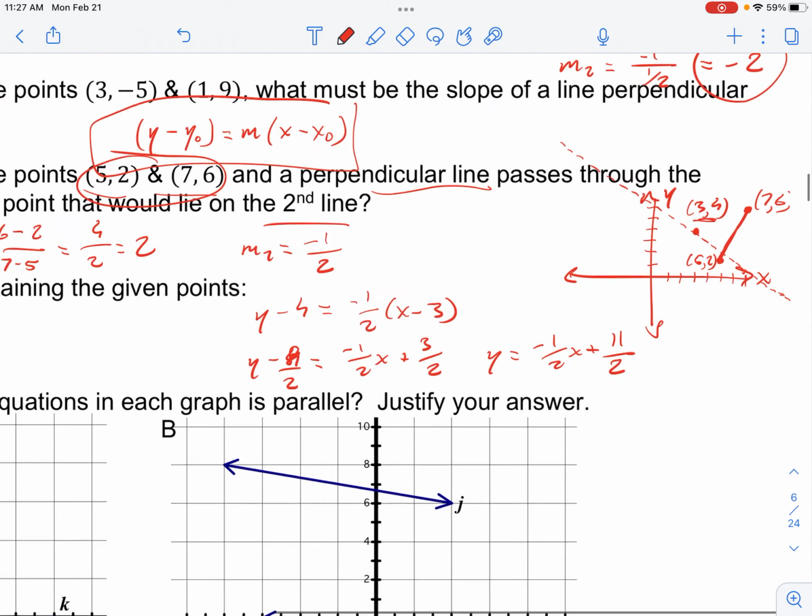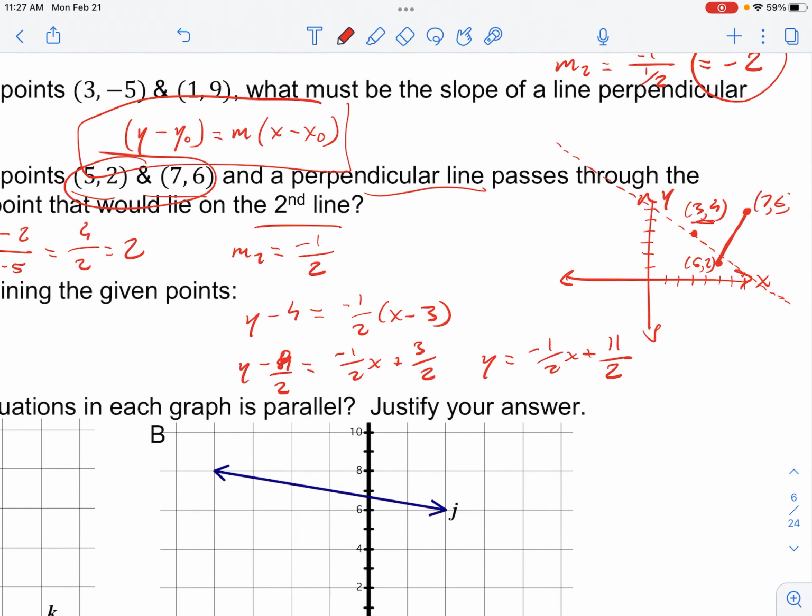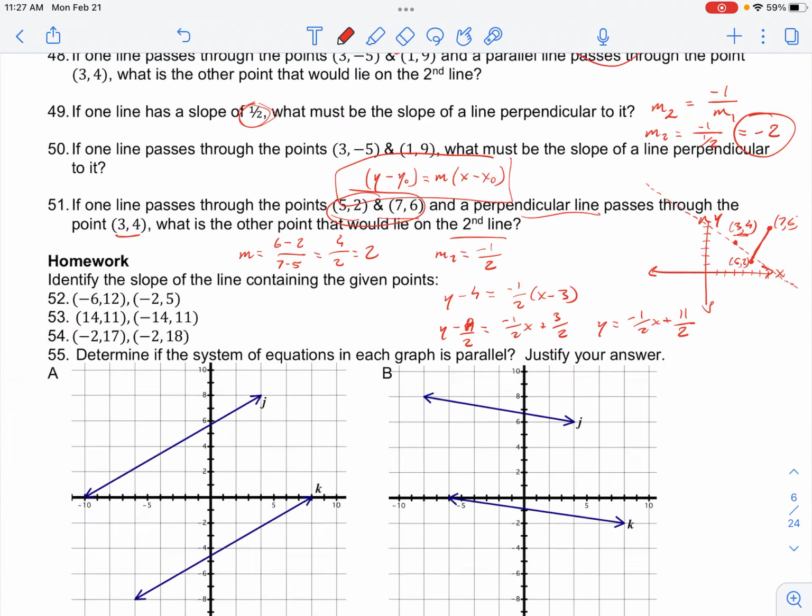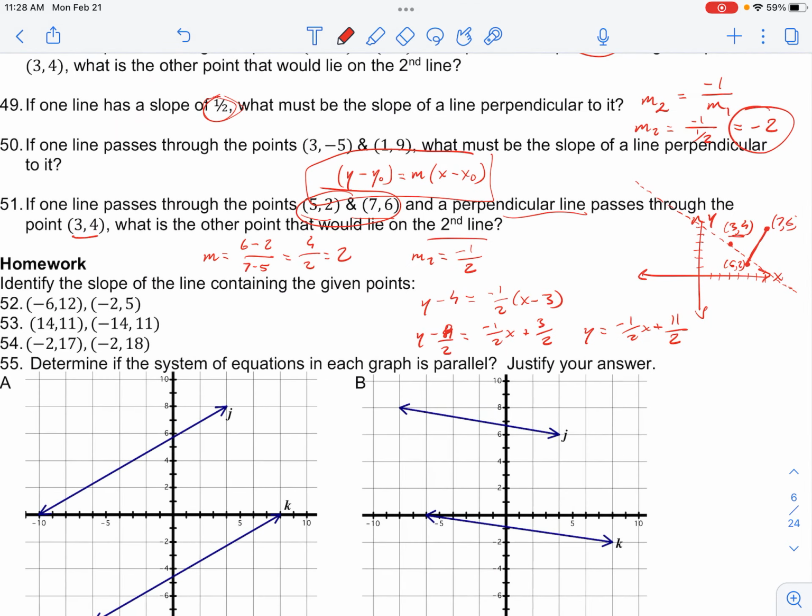Now we have the equation of the line, and in this scenario we have actually infinitely many points that would lie on the second line. I can choose any random x value that I want to give me another y that would also satisfy a point on this line.